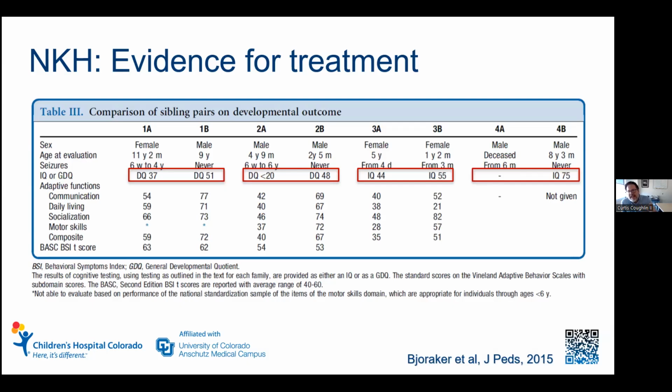What they looked at is a couple sets of siblings affected with NKH to really see if there was a difference in those patients who took a long while to receive the appropriate diagnosis or took some time before they were treated with an appropriate medication, benzoate, to get glycine into a therapeutic level, and the addition of dextromethorphan, and compared them to their second sibling who had the benefit of that family diagnosis, and treatment was started almost after birth once the diagnosis was established.